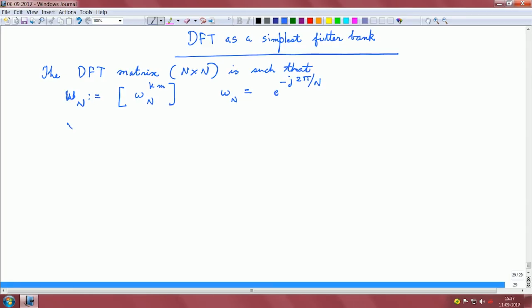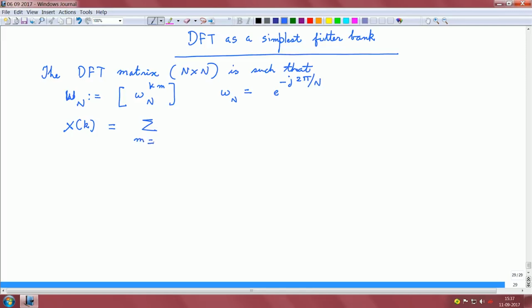Now the time domain samples can be transformed into the frequency domain using the discrete Fourier transform, and I will recall the discrete Fourier transform.